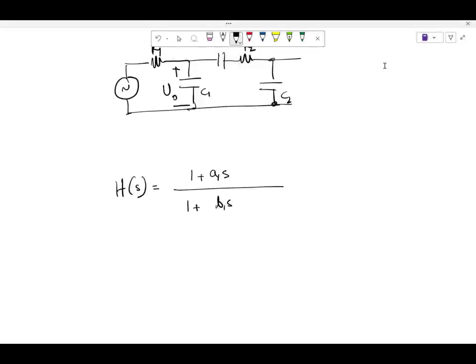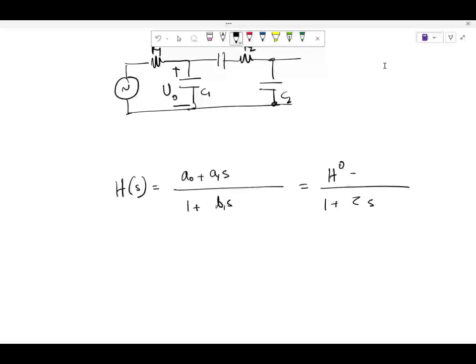Okay. And if I want to write in that format, this will be A0 plus, so it will be H naught. If this is a strictly first order network, then B1 will have how many terms? I equal to 1 to n will be equal to 1, right? So essentially I'm going to have one term, one time constant.